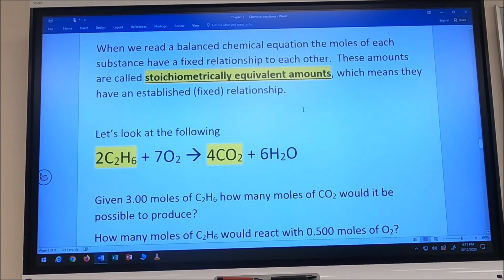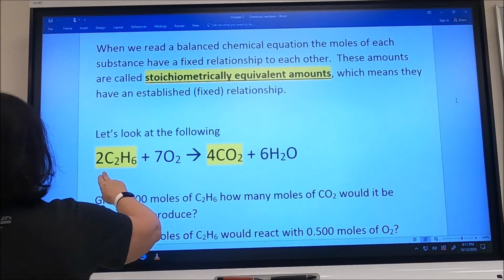When we read a balanced chemical equation, the moles of each substance have a fixed relationship for that reaction. These amounts are called stoichiometrically equivalent amounts. Isn't that a big mouthful? Which means they have an established fixed relationship.